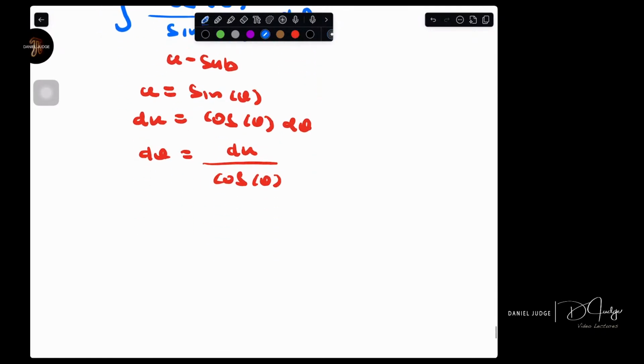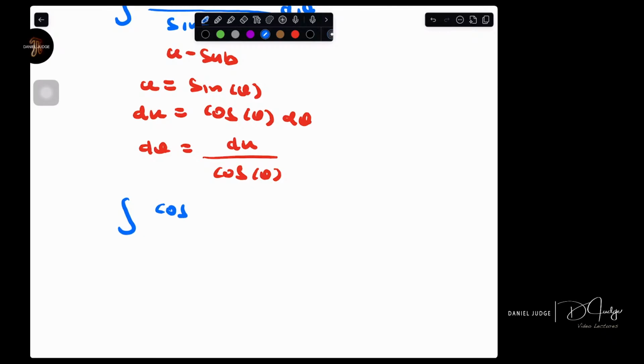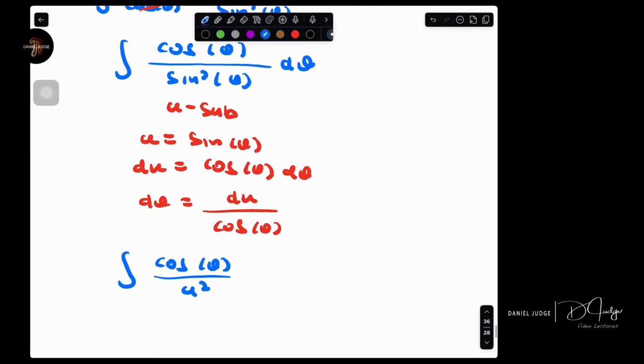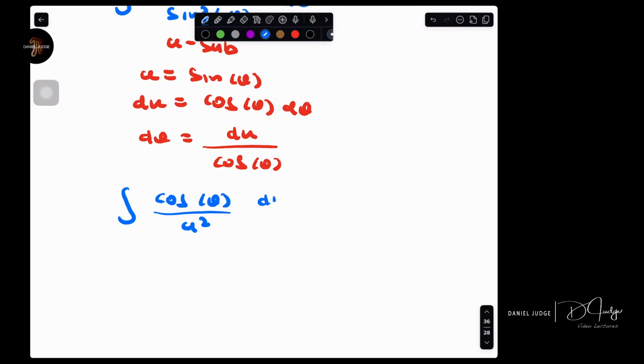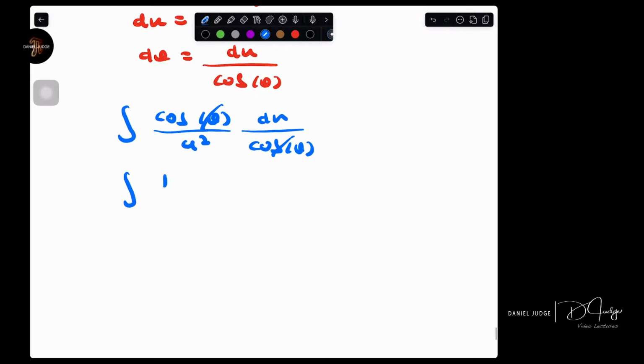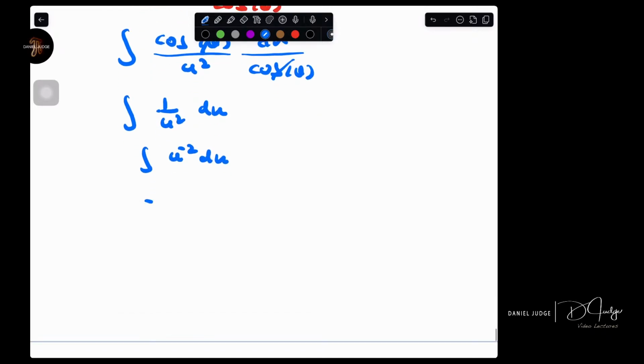This integral becomes cosine theta over u squared times du over cosine theta. The cosine theta cancels, and you get 1 over u squared du, which is u to the minus 2 du, which is negative 1 over u, plus c.